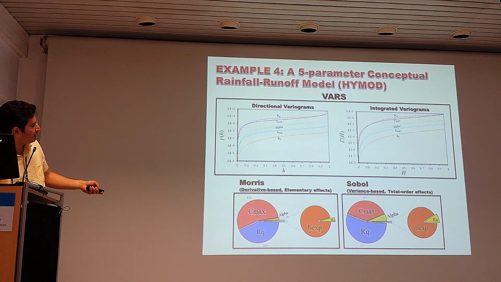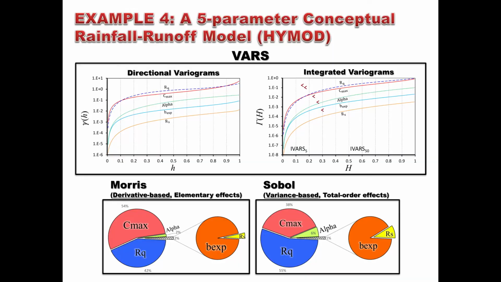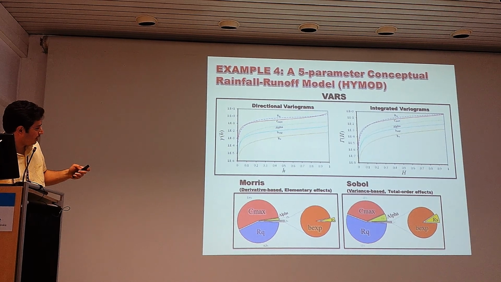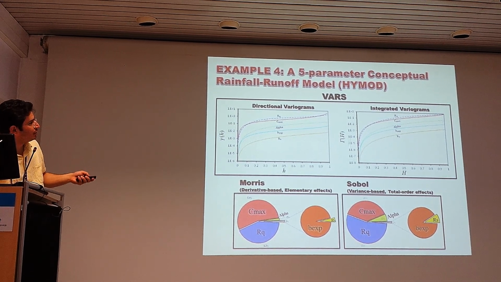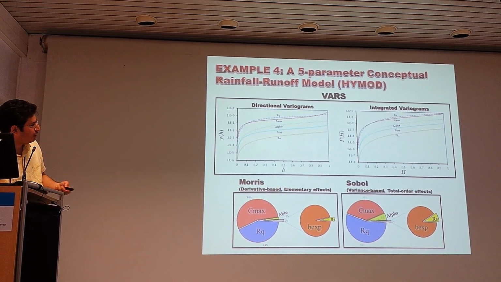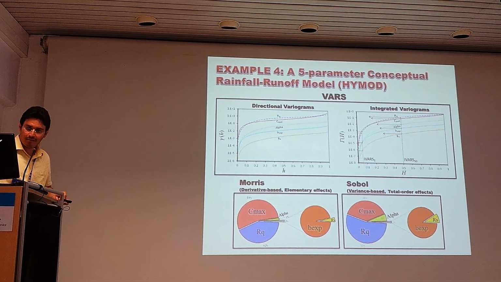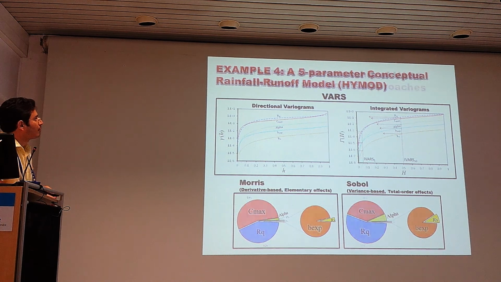So what I'm showing you is exactly the same as the Morris derivative-based approach is for far to the left, and Sobol is far to the right, consistent with the two. And basically, VARS now generates a spectrum of information across the parameter perturbation scale and all, and you can also derive integrated variograms to have a metric like IVARS 5 here now or IVARS 15.